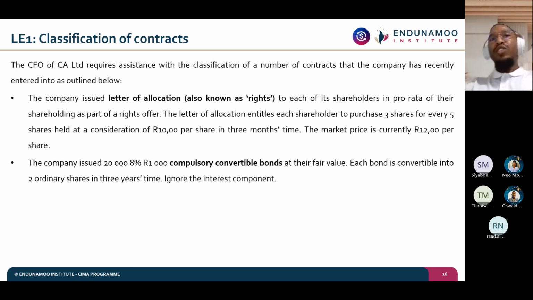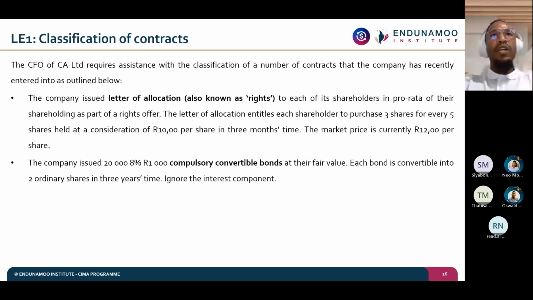So at the date on which the letters are issued, do you agree with me that this is just a letter entitling the shareholder to the right to purchase 3 shares for 10 Rand? As an issuer, we cannot say we have a right. We have not bound the shareholders. In 3 months' time, the shareholder can decide, you know what, I'm not going to buy shares.